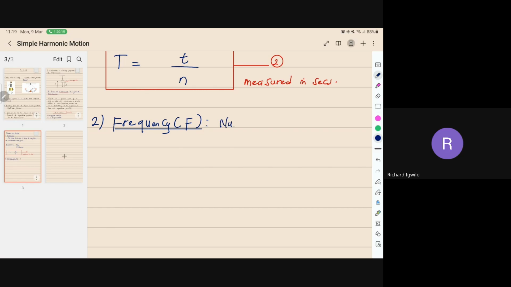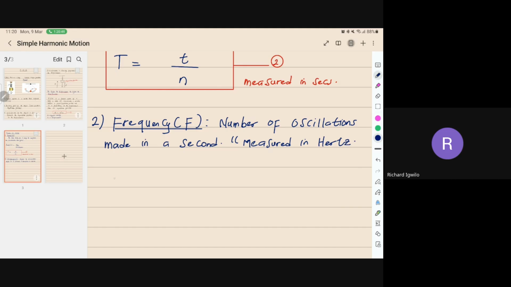So this is simply the number of oscillations made in a second, and it is measured in hertz. All right, very interesting topic, guys.